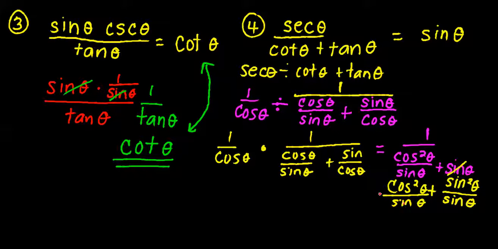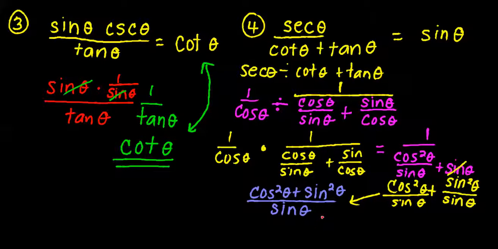I'm running out of room, so I'm going to rewrite this over here. So now I've got my cosine squared plus my sine squared, all over sine. Okay, now I'm going to go ahead and substitute.